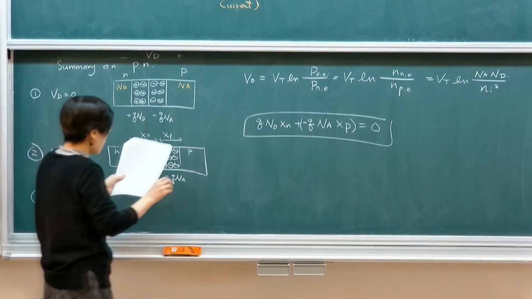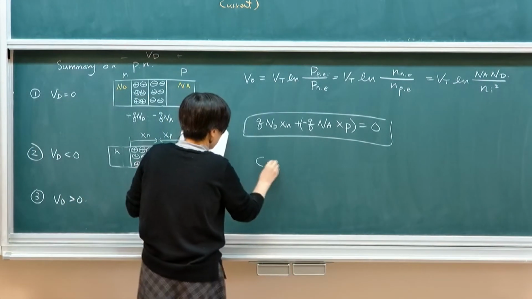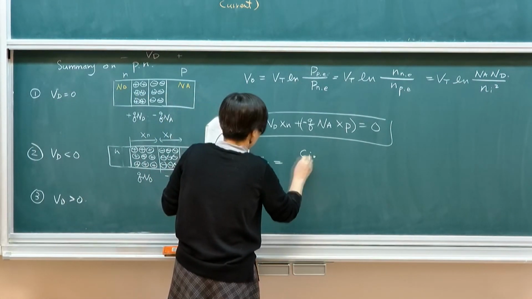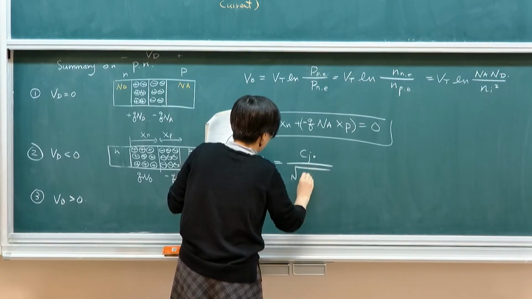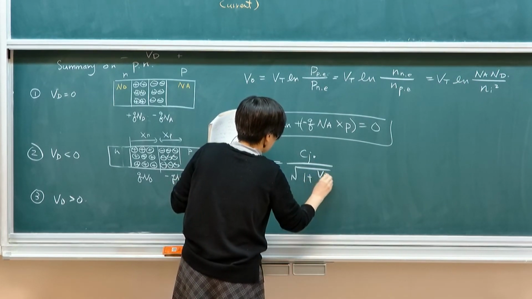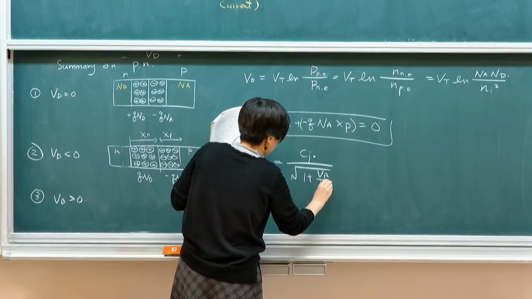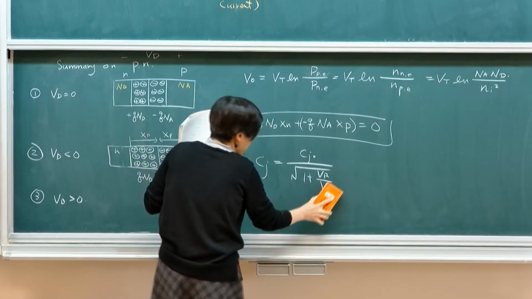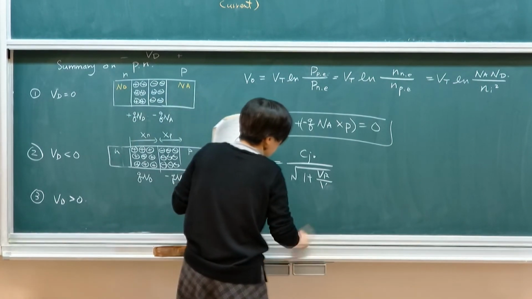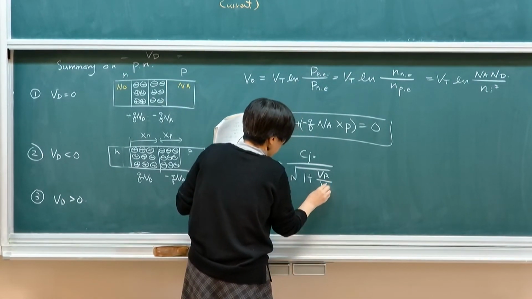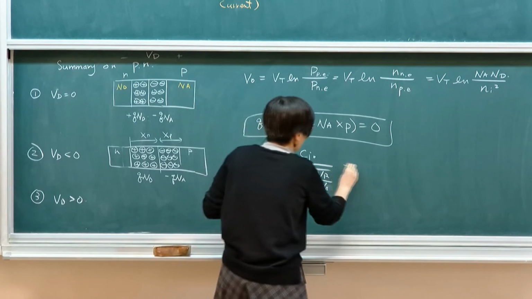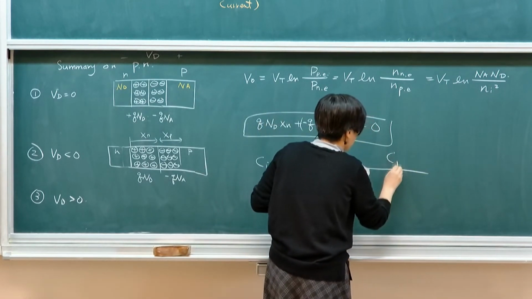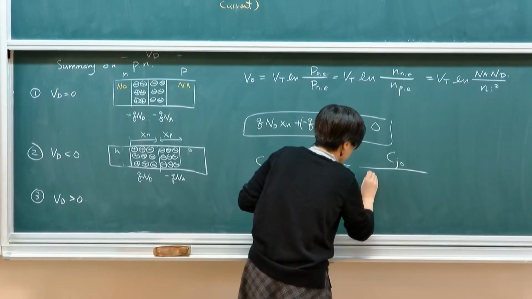And then in this case, it will be Cj. You only need to consider it as a parallel plate capacitance. I believe the textbooks define VR as negative, therefore there's a minus sign. Or if I don't want to change the sign, it will be something like this.